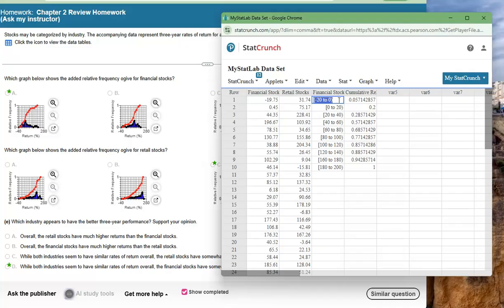So I'm taking 0 and I'm subtracting 1. I'm looking here, the limit goes right up to 20. Subtract 1, so that means it's going to include the value 19, and so forth and so on.